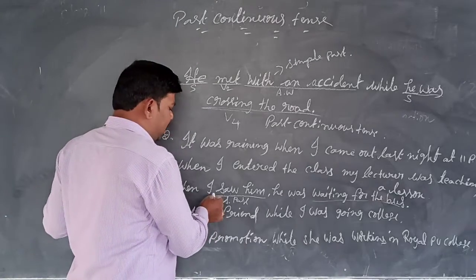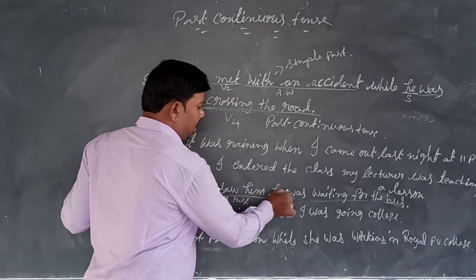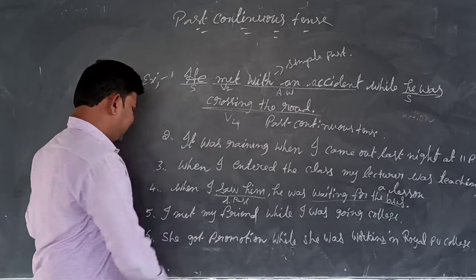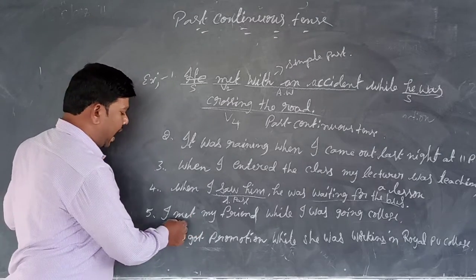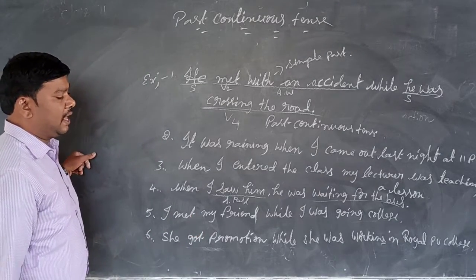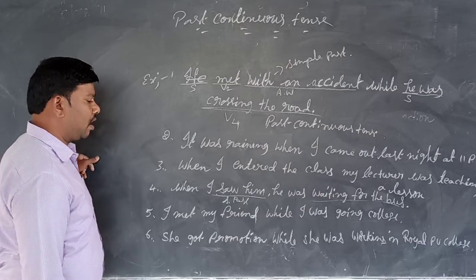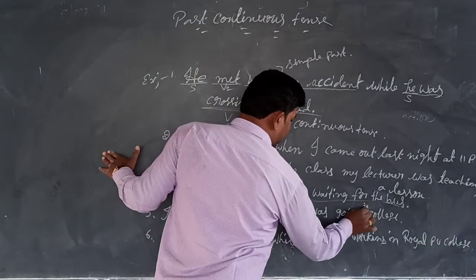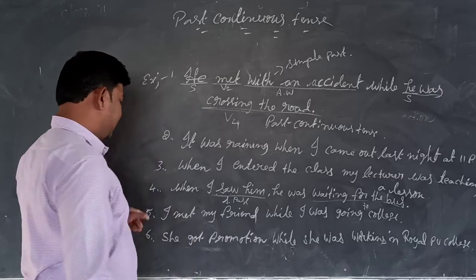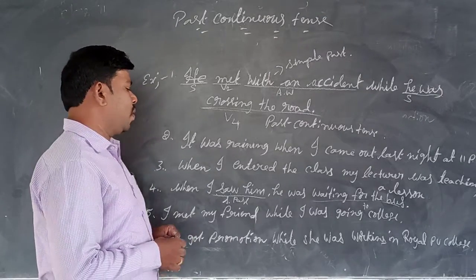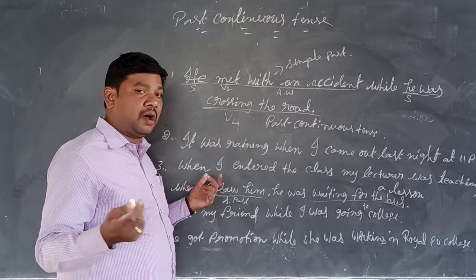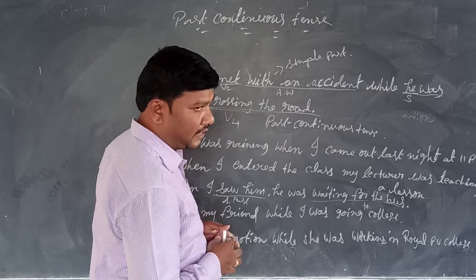So this is simple past. I saw him, he was waiting for the bus. And the fifth example: I met my friend while I was going to college. And the sixth one: she got promotion while she was working in Royal PU College. So these are the examples.